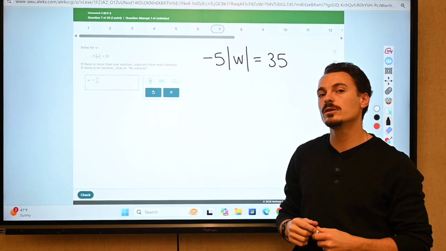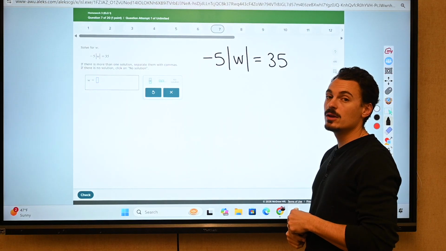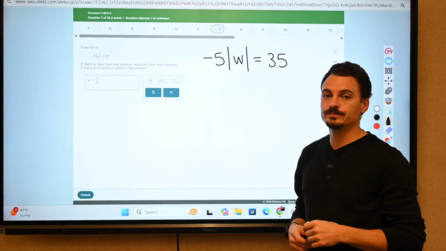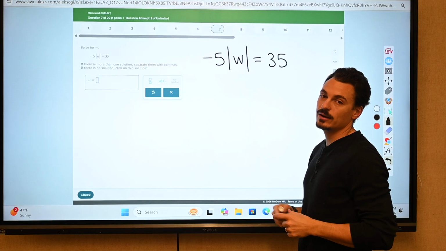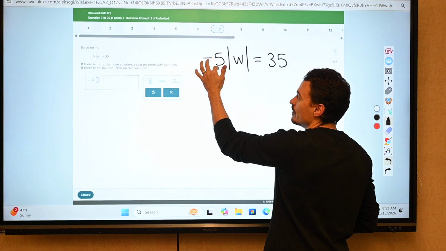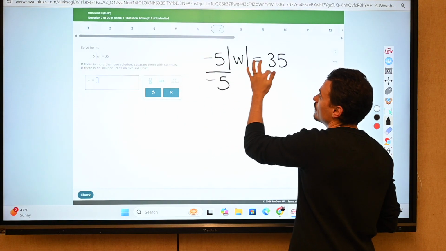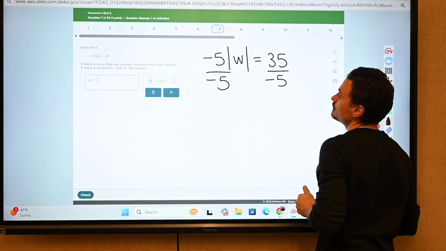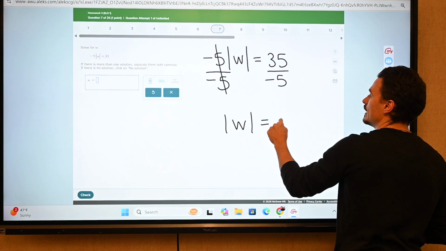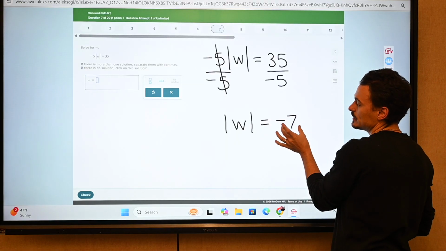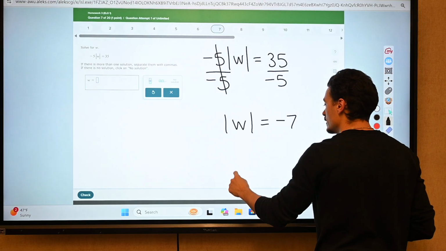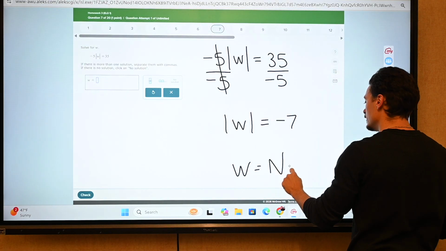What we want to figure out is what number is the absolute value term. The only way to do that is to cancel out the negative 5 by dividing by negative 5 on both sides. Those cancel. I get the absolute value of w equal to negative 7. This is not possible because we cannot be a negative 7 distance from 0. So we say w equals no solution.